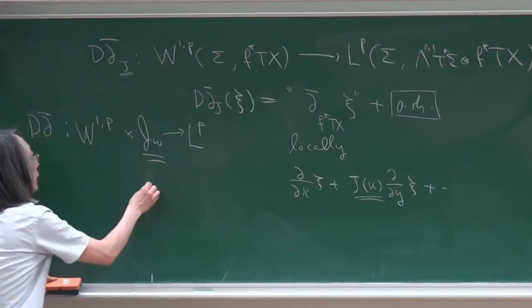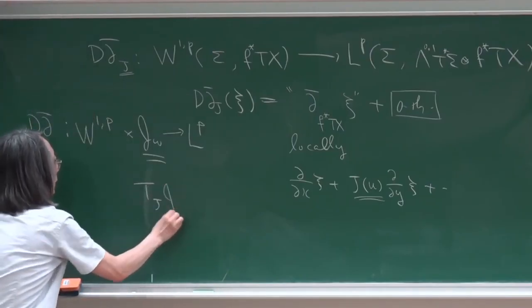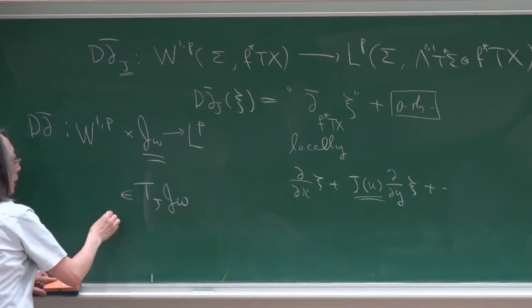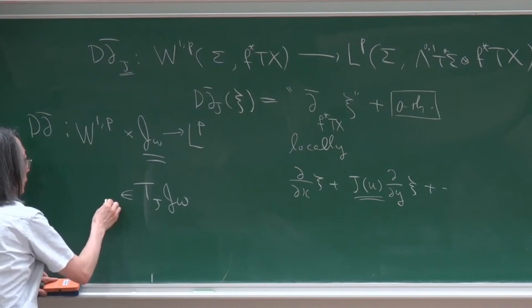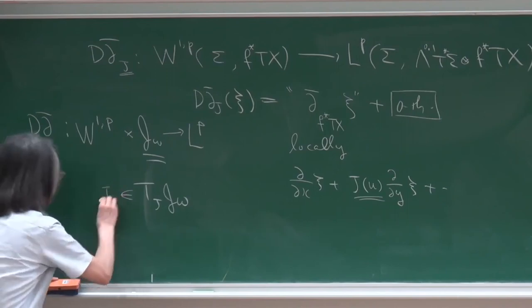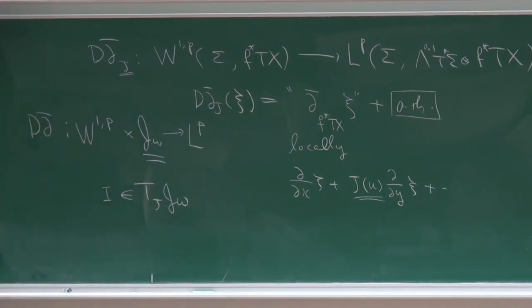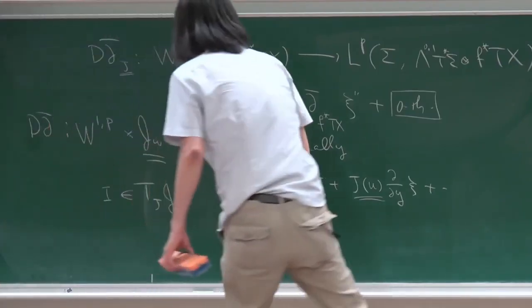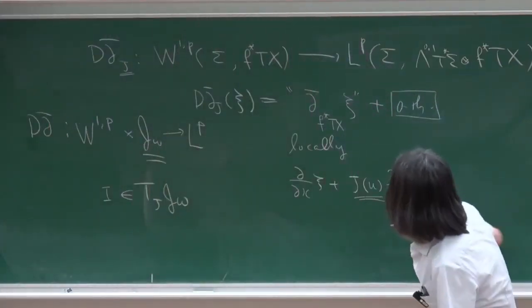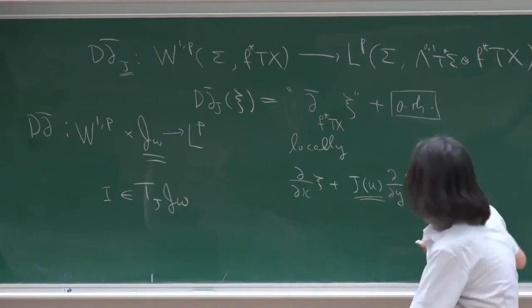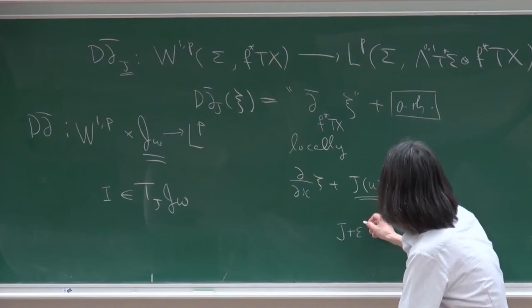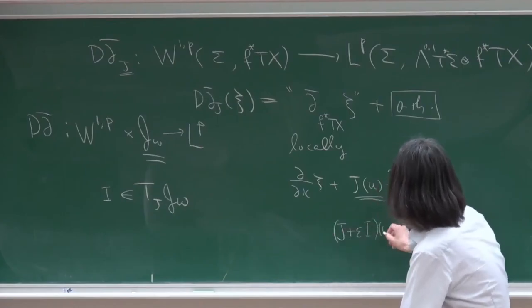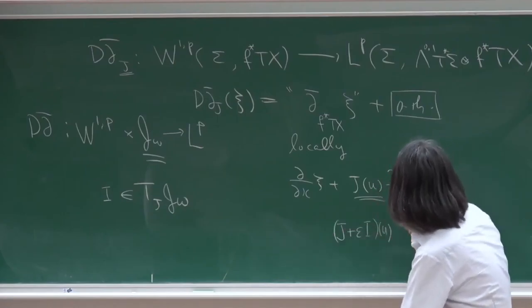If you take a tangent vector from here, say I, and vary this, then J is changed to something like J plus epsilon I of u, and so on.